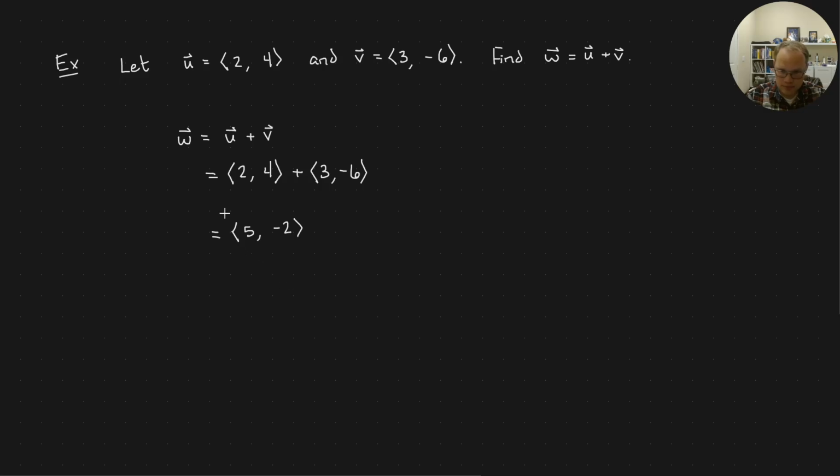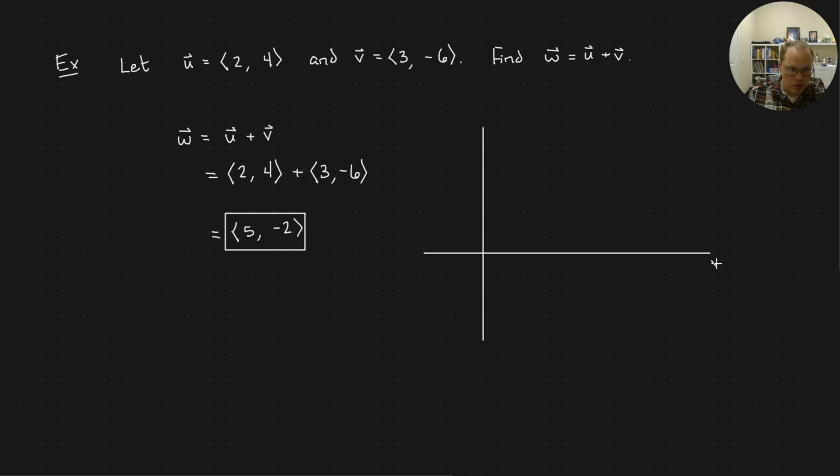And we're done. Okay? Let's go ahead and graph these using our arrows to make sure that the addition operation that we want matches the vector we get here. Remember, we have a very specific understanding of what vector addition means. Okay? So here's my x-axis, here's my y-axis.